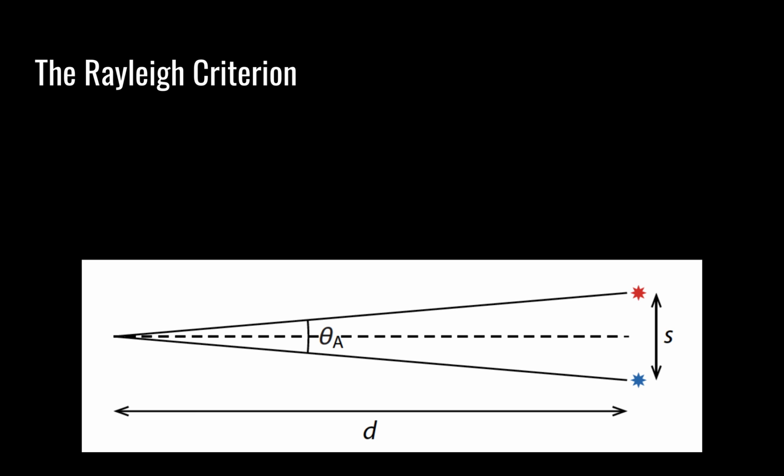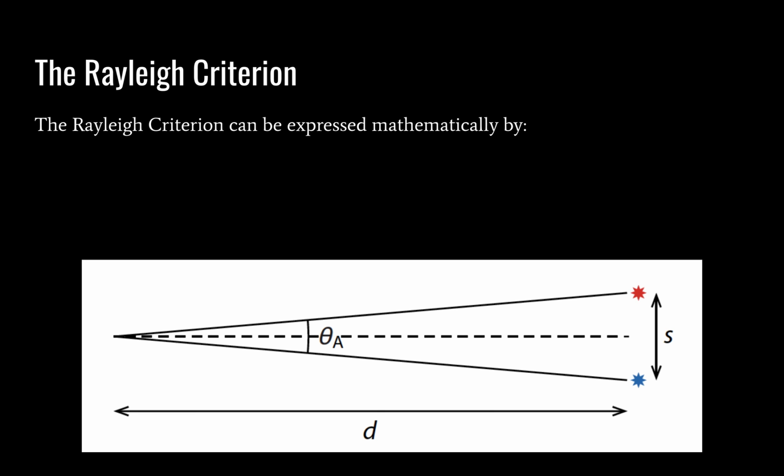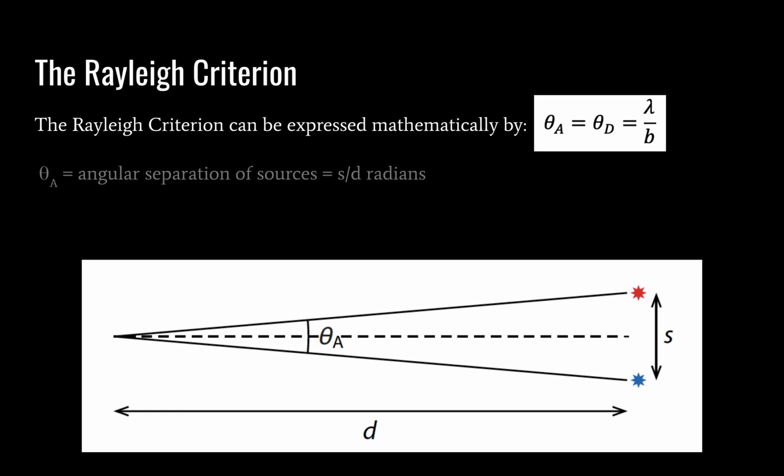Okay, so let's discuss the mathematics of the Rayleigh criterion a little bit. Here, obviously we're going to need to define a few variables, but we have here theta sub A is equal to theta sub D, which is equal to wavelength divided by variable B. So theta sub A is equal to the angular separation of sources, and this will be equal to S divided by D radians, where S is the distance between our 2 objects.